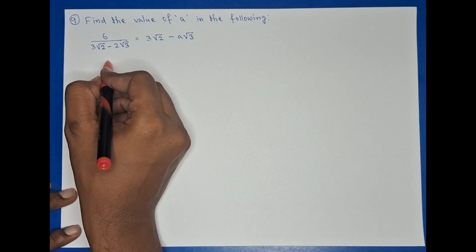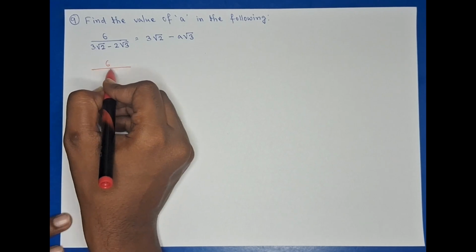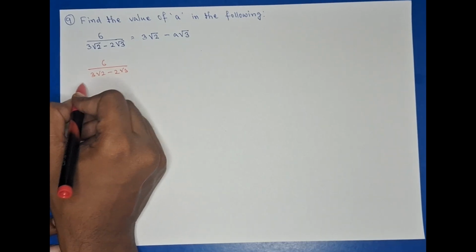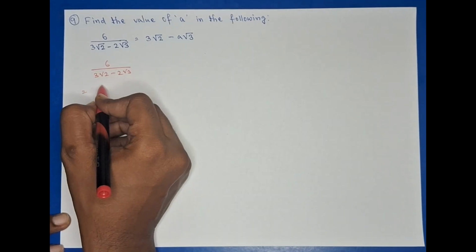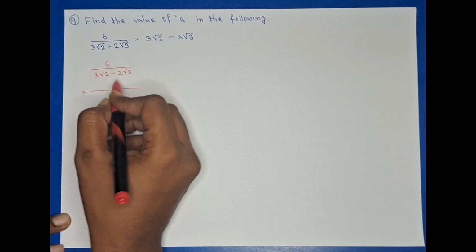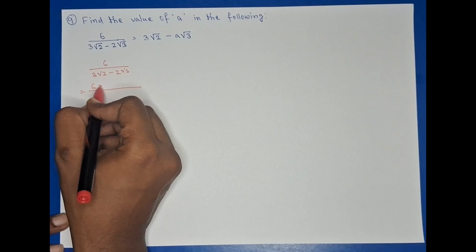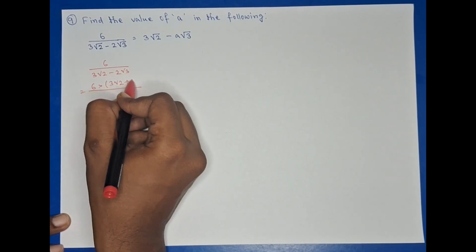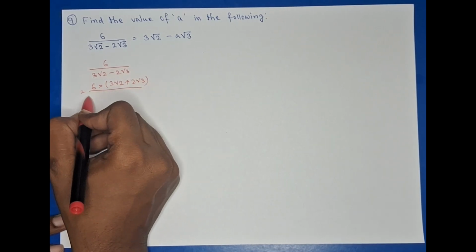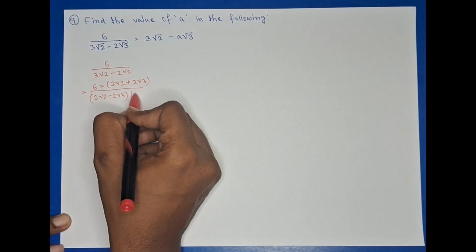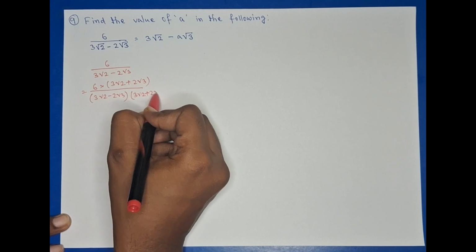In the left hand side, we are writing 6 by 3 root 2 minus 2 root 3. So how to rationalize it? Very easy. On both top and bottom, we will multiply with the plus sign. 6 into 3 root 2 plus 2 root 3 by 3 root 2 minus 2 root 3 into 3 root 2 plus 2 root 3.